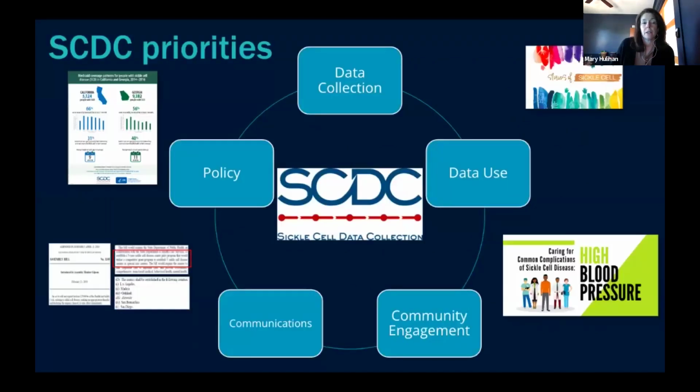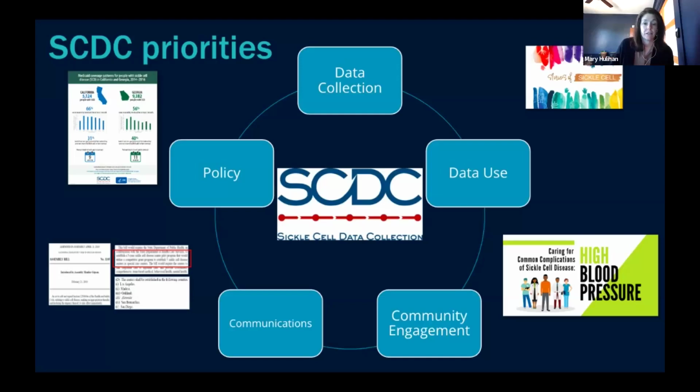I want to talk to you a little bit also about the priorities of SCDC. So as I said, it is not just a data system, even though the name might make you think that. Instead, there really are 5 top priorities of SCDC. The first, the most basic, is to collect data. As I keep stressing, this is a complex process and involves many partners, many moving parts.